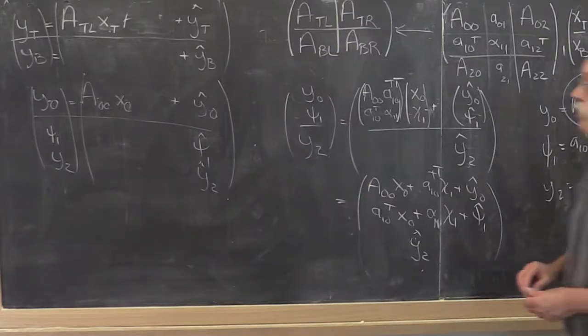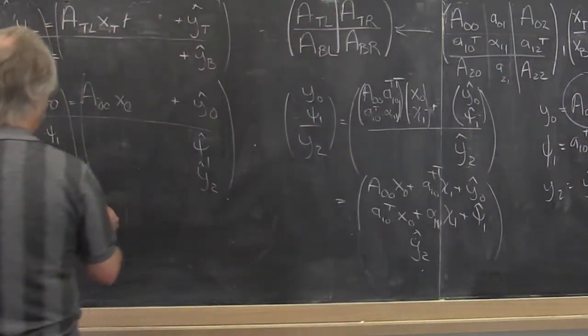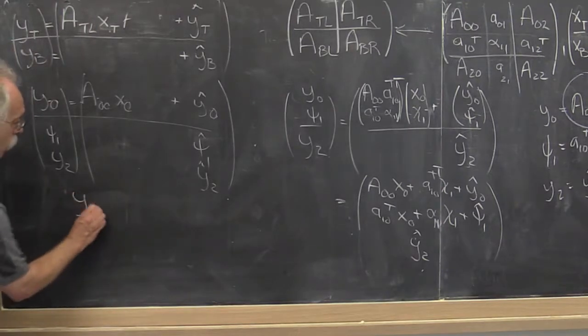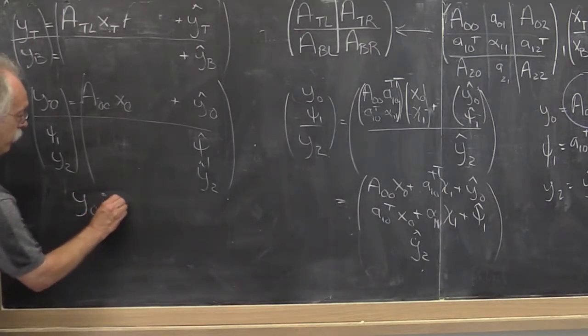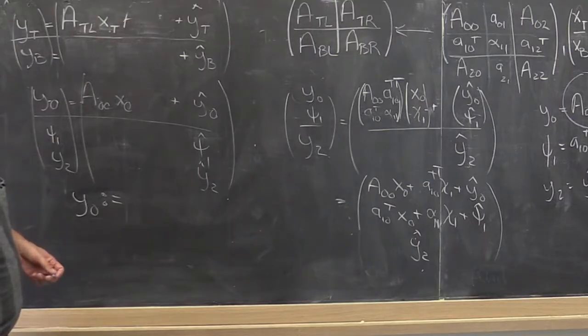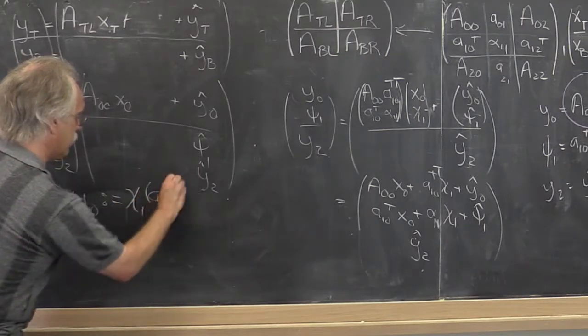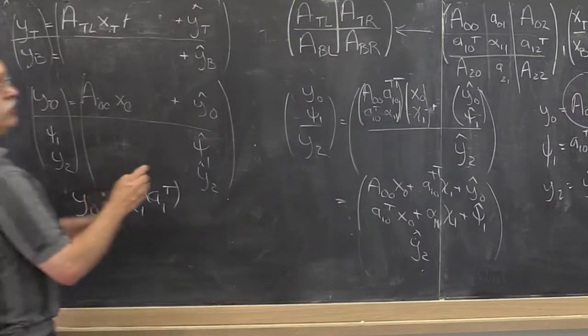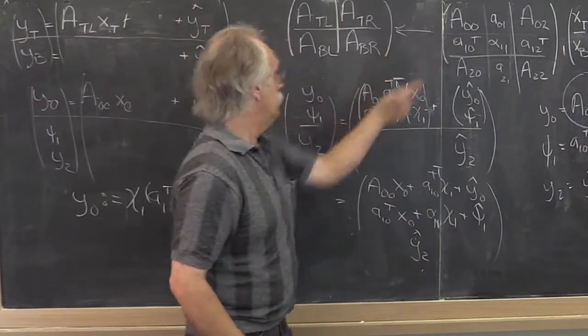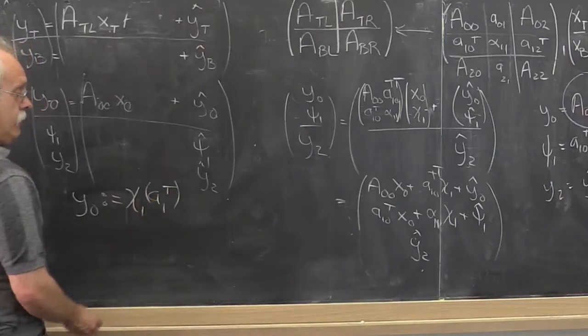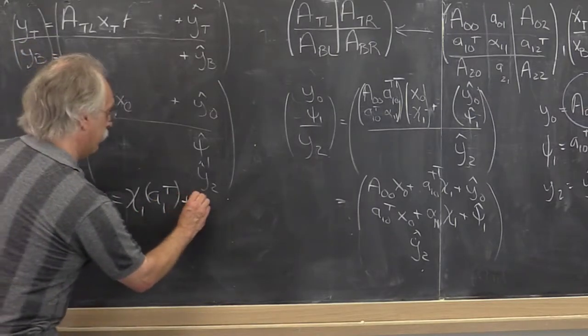Okay, and then we conclude that the actual updates are that y0 is updated with psi1 times a1 transpose. That's the row vector sitting right here, plus what's already in y0.